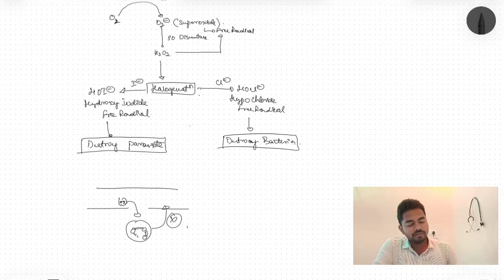This neutrophil engulfed the bacteria or any parasite, any pathogen, and cleared the pathogens. But if this neutrophil is not cleared, then more and more neutrophils will be seen outside the blood vessel, right?